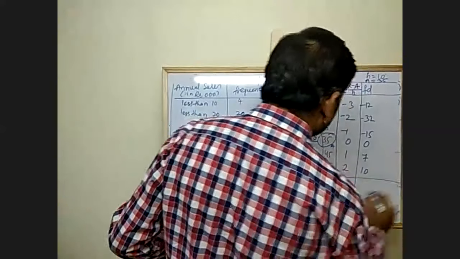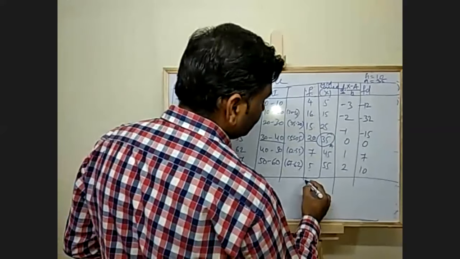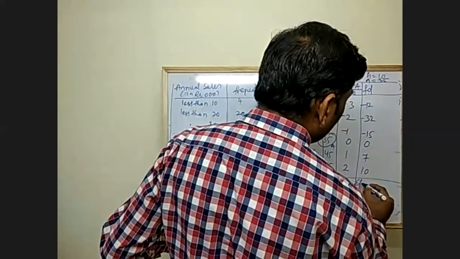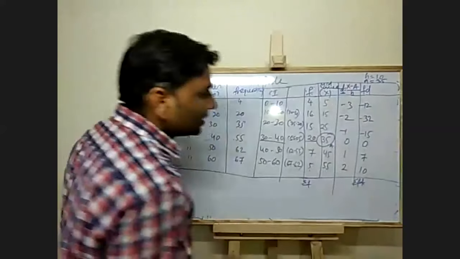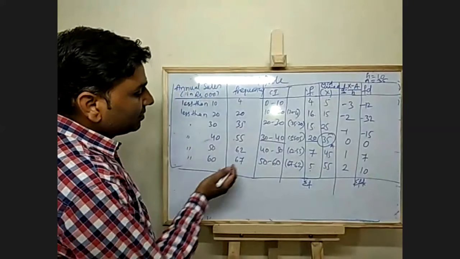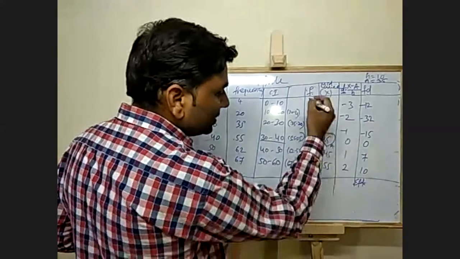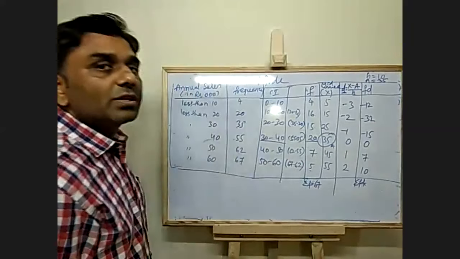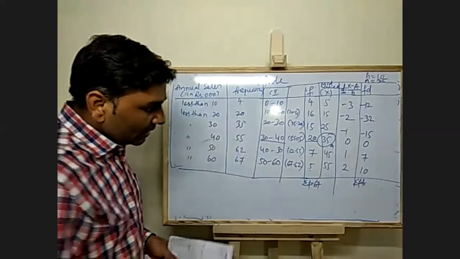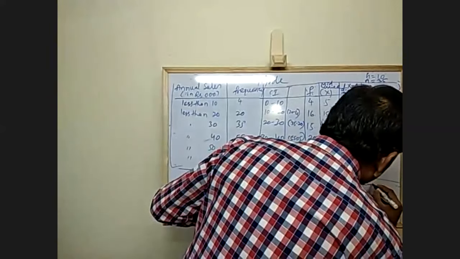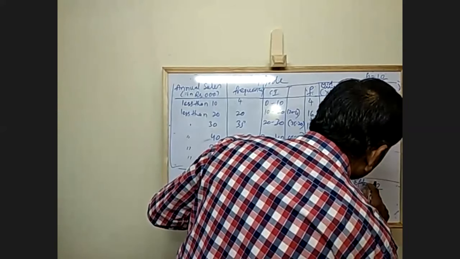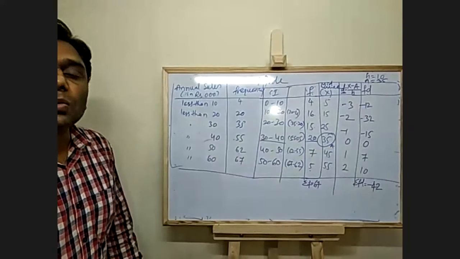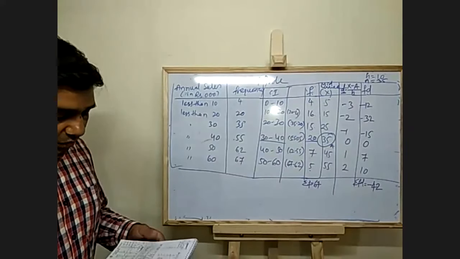Next, I want the summation of f and the summation of f into d. Summation of f, I already have 67. Now summation of f into d will be minus 42.